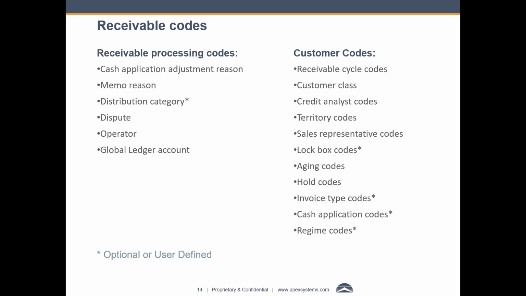You also have the cash application code, which is a user-defined calculation or algorithm that may be used to create selections for application methods, incorporation of aging balances, and processing rules. And you have regime codes, which are also optional, custom-based codes that may be added to billing and receivable invoices.